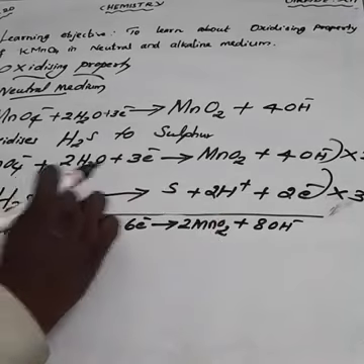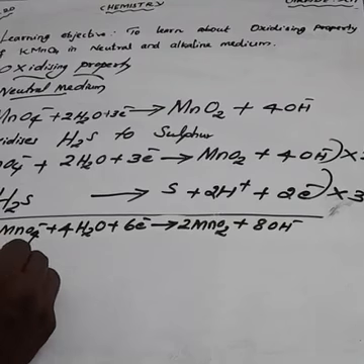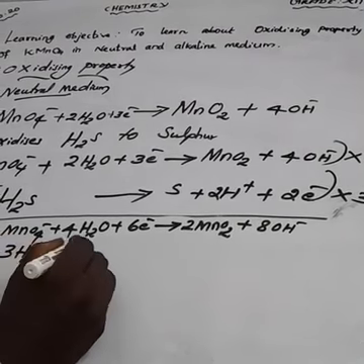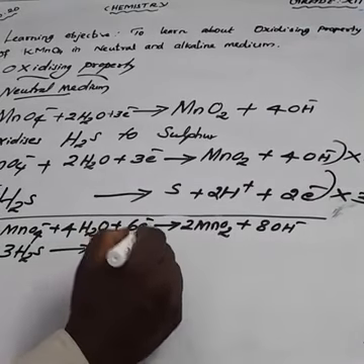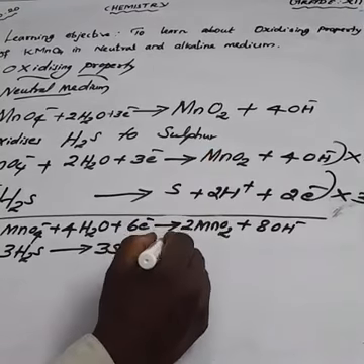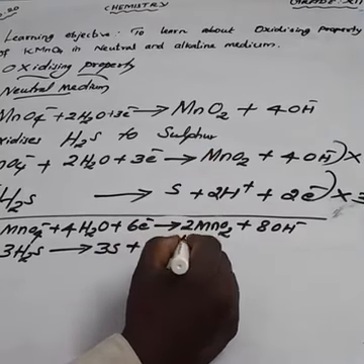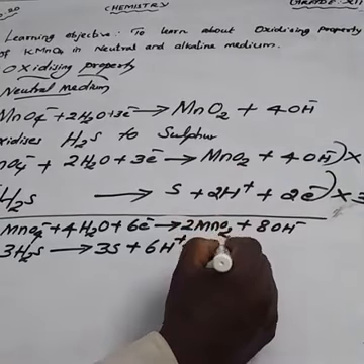Then multiply the second equation by 3. So we get 3H2S gives 3S plus 3 into 2, that is 6H plus, plus 2 into 3, that is 6 electrons.